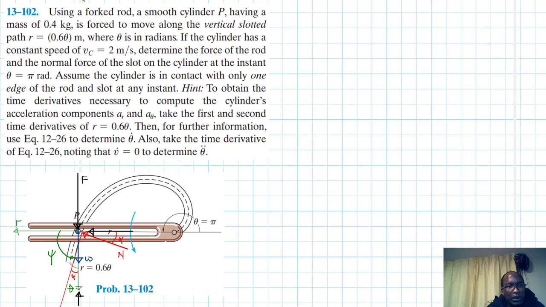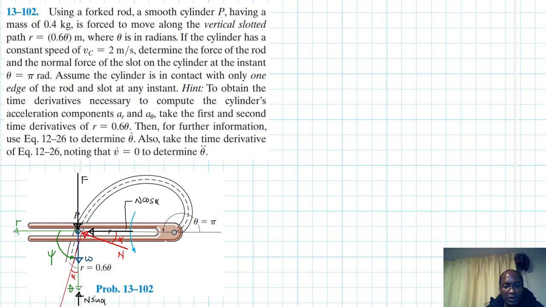So this one here is just going to be equal to N sine alpha, and then this one is N cos alpha. So there we go.